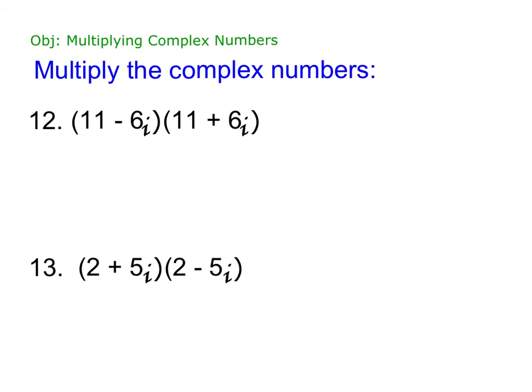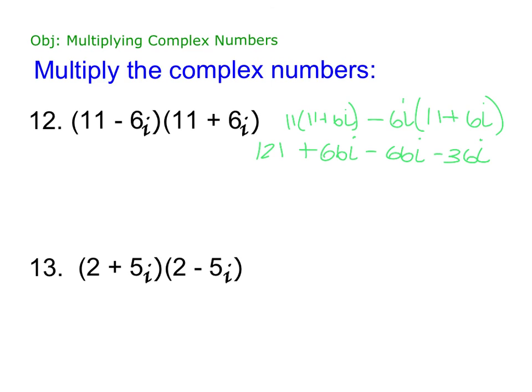All right, last page. Same thing, distribute. So I've got, I'll do green, 11 times 11 plus 6i minus 6i times 11 plus 6i. Distribute. 11 times 11 is 121. 66i minus 66i minus 36i squared.